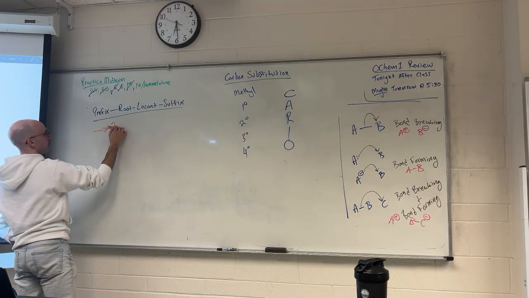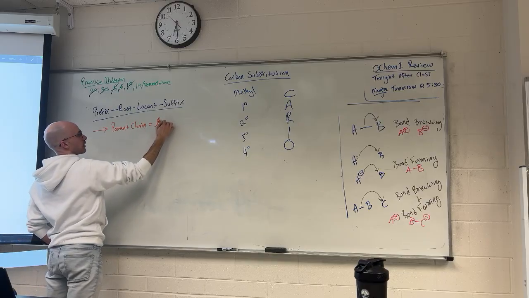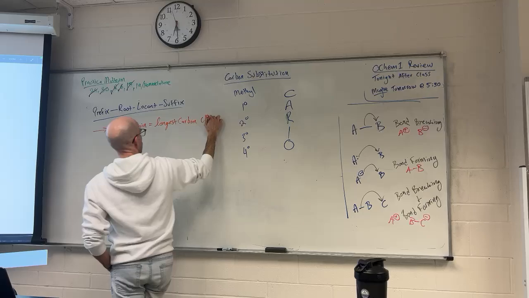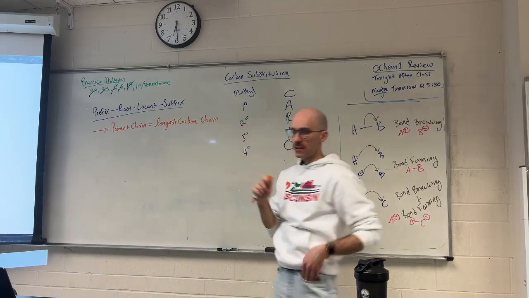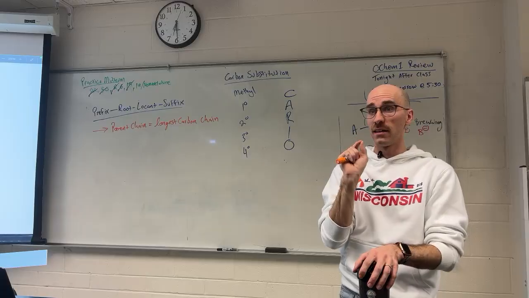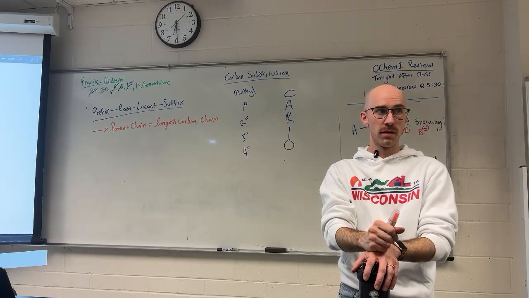Good. Parent chain equals longest carbon chain. And we will revisit this in the second half of this semester to remind ourselves of the caveat that that includes the highest priority functional group.